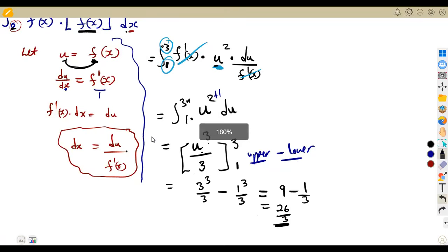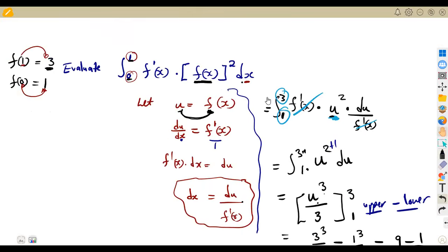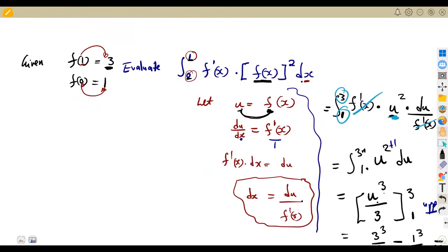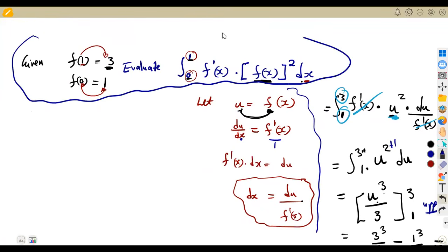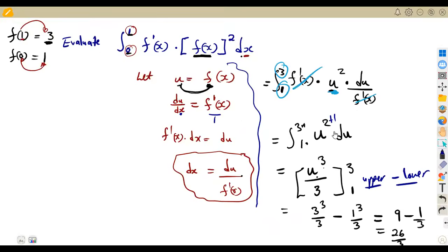So that's how sometimes these definite integrals might be, whereby you need to change your limits. I expect these typical questions will just give you this information and ask you to evaluate this. So you play around. That is the substitution taking place.